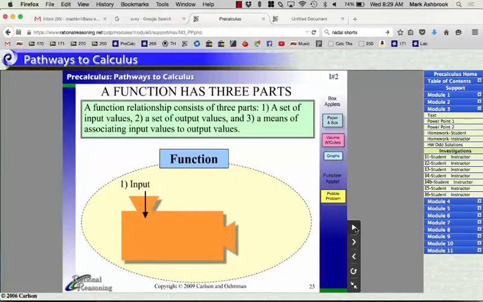In that function, we call the square cutout side length the input, and the volume we call the output. So the function is the relationship between the input and the output. The rule is what determines the output given the input. That was the formula that we created. That's called the rule.